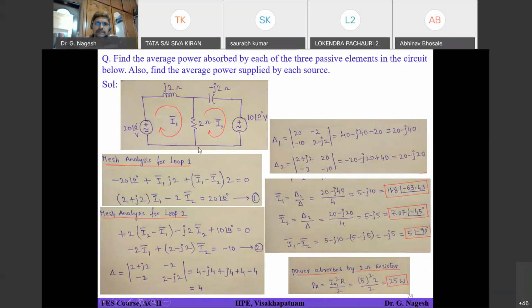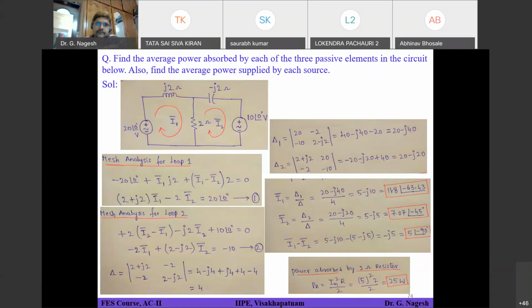So what will be the voltage across this? V is simply I into R, which is 2 into I1 minus I2. You have I1 minus I2, na. This is 5 at an angle of minus 90. So this is the current flowing through the resistor from top to bottom. Correct, na? Yes, sir. I understood, sir.